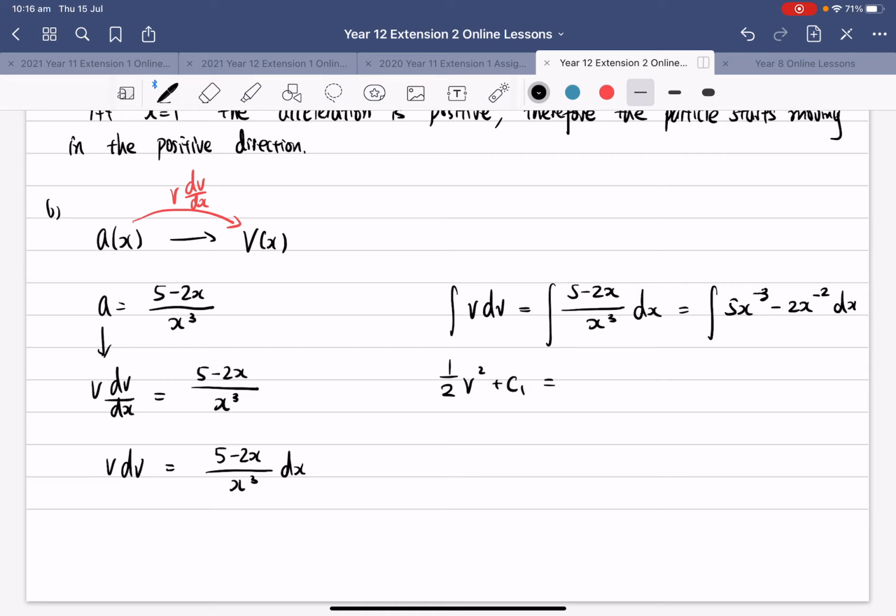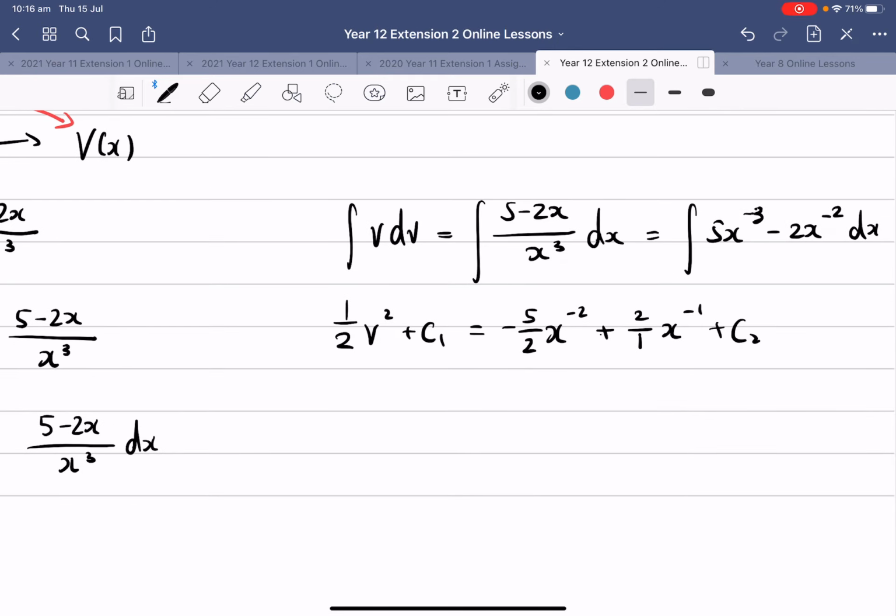So that becomes x to the power of minus 2, and then you do the reciprocal, that's negative 5 on 2. All right, and then in order for us to integrate the second term, you plus 1 again. So that becomes plus 2 over 1 x to the power of minus 1 plus c2.